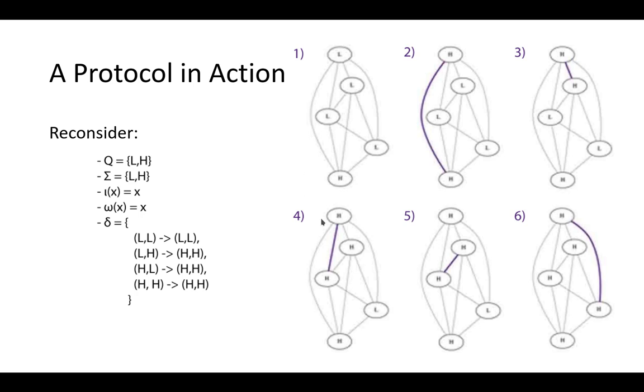So if we take a look here, this first step assumes that this agent whose state is H interacts with this agent whose state is L. They form a tuple based on this information, which in this case is H and L. We access the transition function, and we conclude that the first agent's, the sender's state remains H, while the receiver's state changes to H, and we see that here.